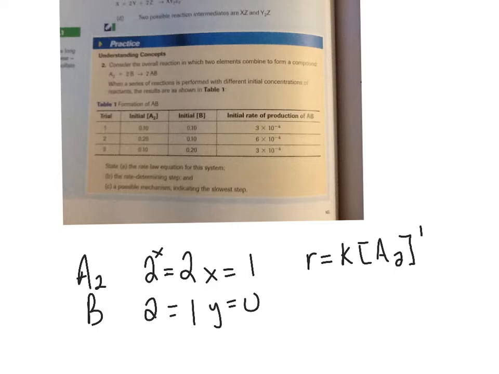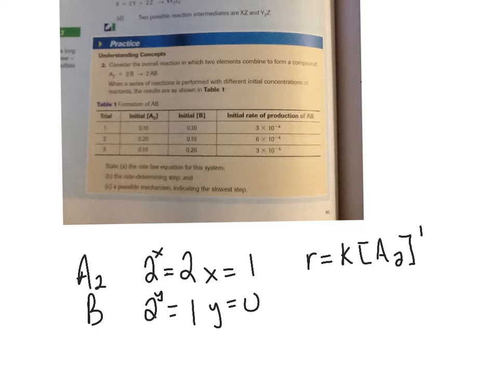So your exponent goes with your concentration. So 2 to some exponent gives you 2. So that exponent has to be 1. And then what happened at the bottom? We doubled the rate. The concentration didn't change. So you have 0.2 divided by 0.1, 2. 3 divided by 3, 1. So that's how you get the 1 on that side. So here, 2 to the y equals 1, y equals 0.